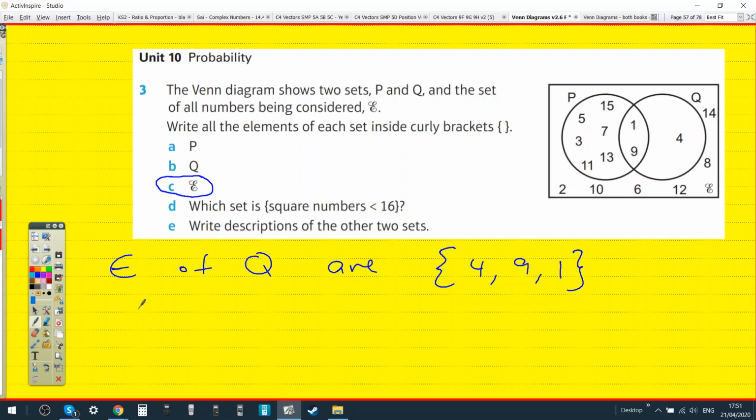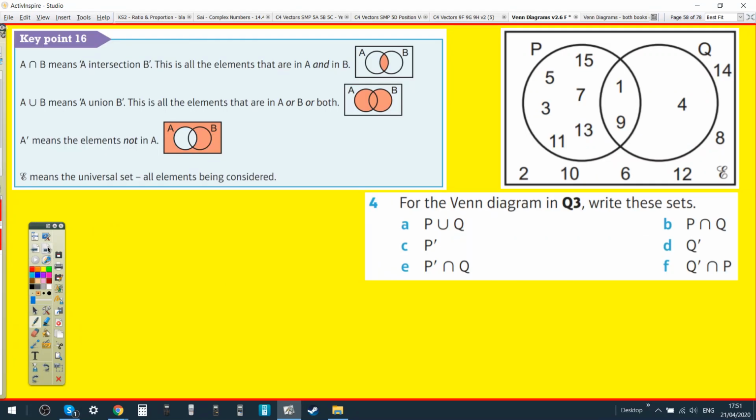That means that's the universal set. So that is all of the elements. So that would be every single number that's there. On the inside, on the outside, everywhere.